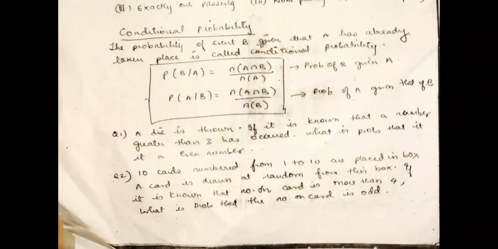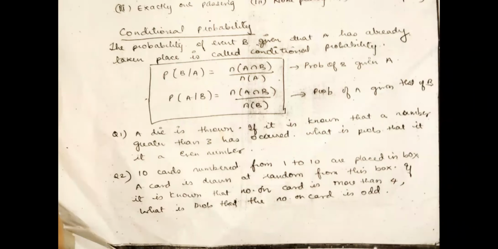Question number 2. Ten cards numbered from 1 to 10 are placed in a box. Now a card is drawn at random from this box.